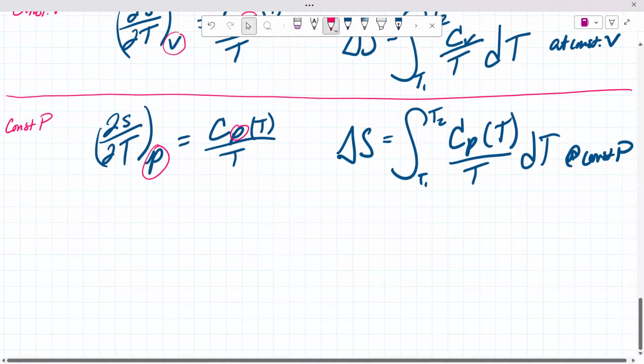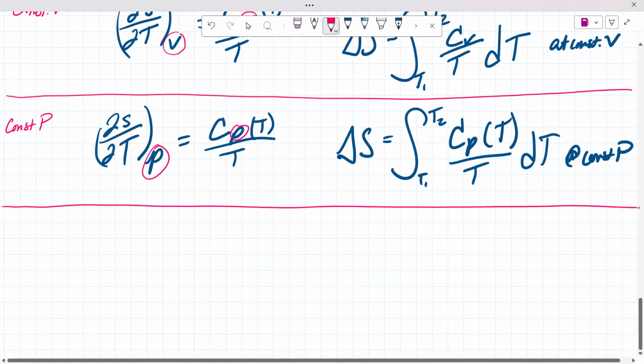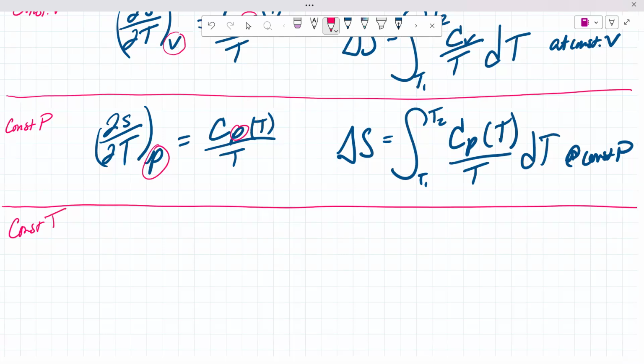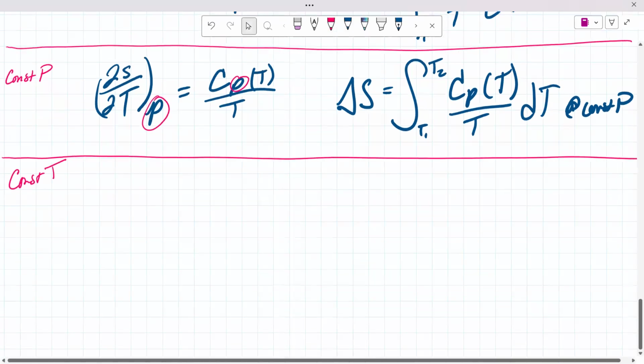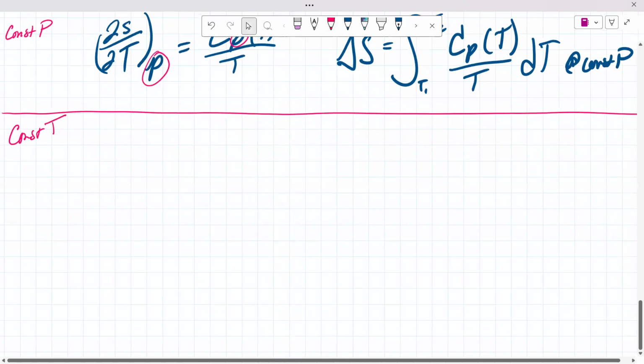All right, and now what do you suppose we will do next? Which one did we miss? Temperature. Okay, so now we're going to write another equation. This one will be a little more complicated because there's not a heat capacity for this one.